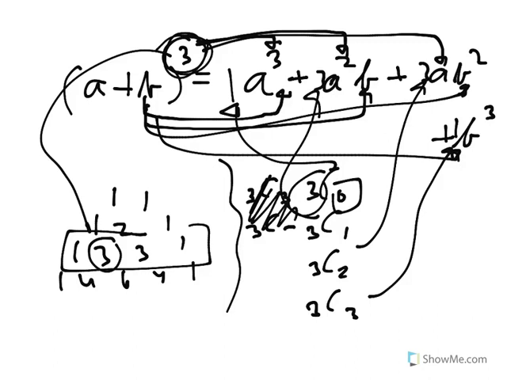So in this case there is no b, so it's b to the 0. But you can definitely see that this 1 is also over here.